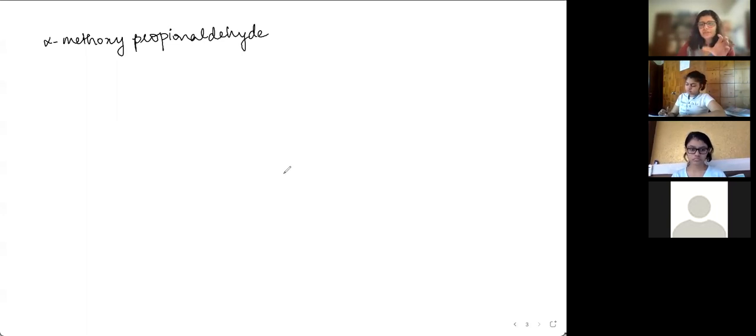So IUPAC होता तो वो propanal होता है, but this is basically a common name. So IUPAC होता तो the position number is what is indicated, but because it's common, you use like alpha, beta, such terms. The alpha carbon, beta carbon.